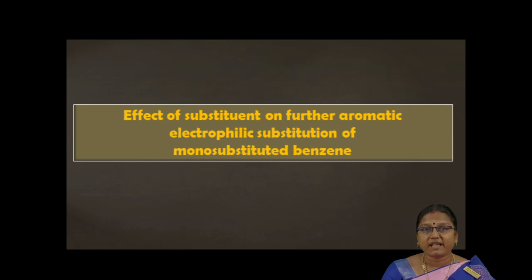Detailed mechanistic notes we have seen in the last video. In this video, we are going to see the effect of substituent on further substitution, that is, aromatic electrophilic substitution of monosubstituted benzene.